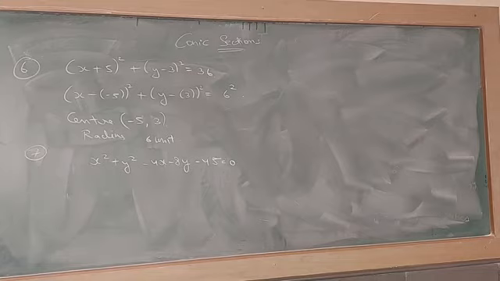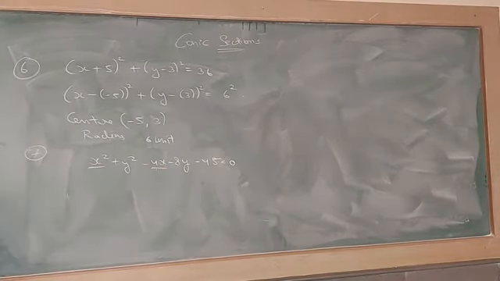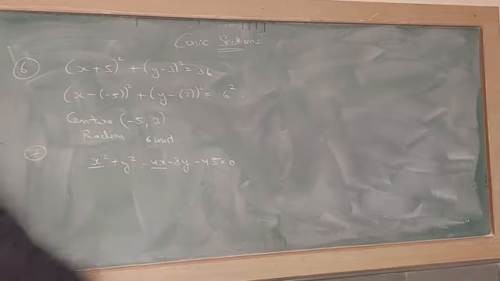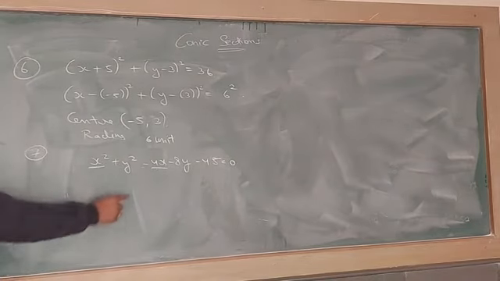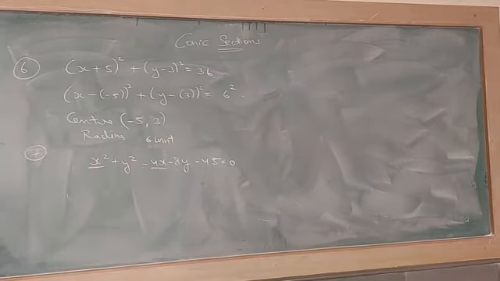First one, if you see this one, x square and minus 4x, whose whole square can we form here? Minus is there, means minus and whole square is there. Okay, and we can divide by 2, this one divided by 2. 4 divided by 2, so we get 2. So this is the whole square of 2.